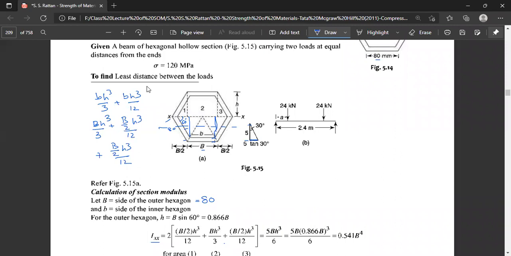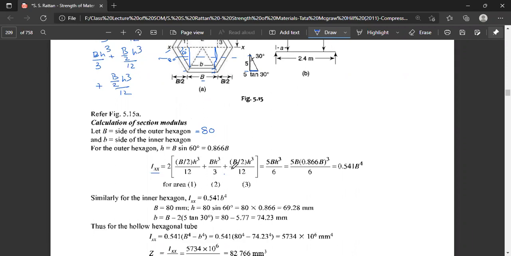Thus we are getting this equation in this particular shape, and both are multiplied by 2, as we have the two sections here. So for the total beam, with this moment of inertia, we need to multiply by the full equation, and it will become 0.541 b to the power 4. And in the similar fashion, we have to find out the bending moment of the inner portion of the section. That is the same 0.541 into b to the power 4.